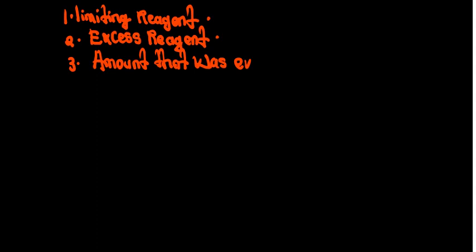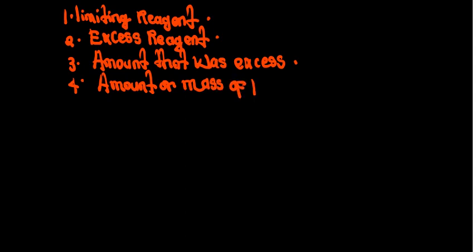We want to explore these important areas, and also we want to look at the amount or mass of the product that will be formed in that chemical reaction. So these are the three things that we want to look at.